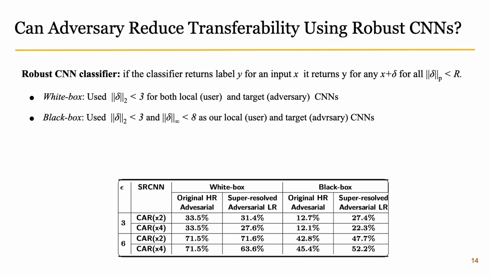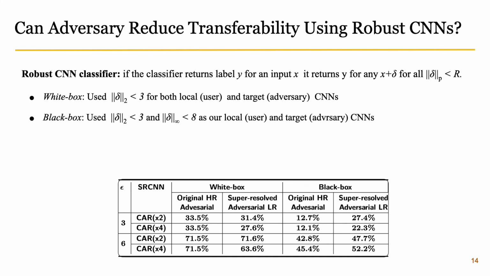For example, for car X2 in the white box scenario, we got 33% transferability for original adversarial images and 27% transferability for super-resolved images. Note that for the white box setting, both adversary and user use the same robust CNNs, which are robust CNNs with the L2 norm of epsilon equal to 3.